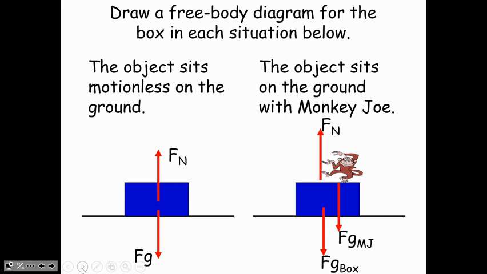It still has weight, so there's going to be a force of gravity pushing down from the weight of the box, or the mass of the box. But now we also have Monkey Joe as a point of contact, so Monkey Joe's weight force is going to be pushing down on the box, or we could also call that an applied force, which would be equal in size to the weight of Monkey Joe.